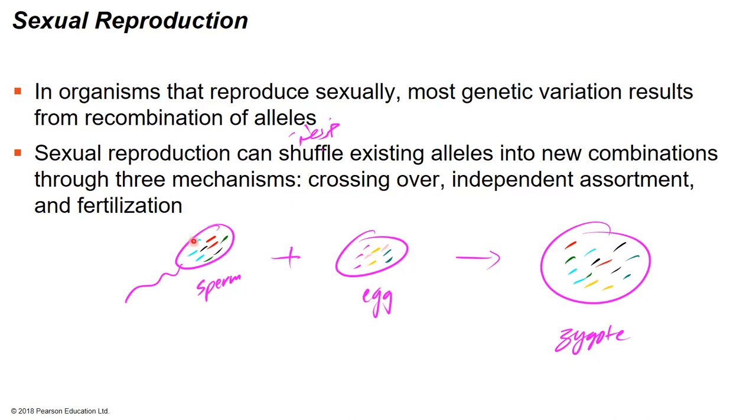We have three mechanisms that cause shuffling of existing alleles. We have crossing over, because the crossing over in prophase 1 of meiosis 1 generates new recombinant alleles. We have independent assortment and fertilization. Both crossing over and independent assortment happen during meiosis.